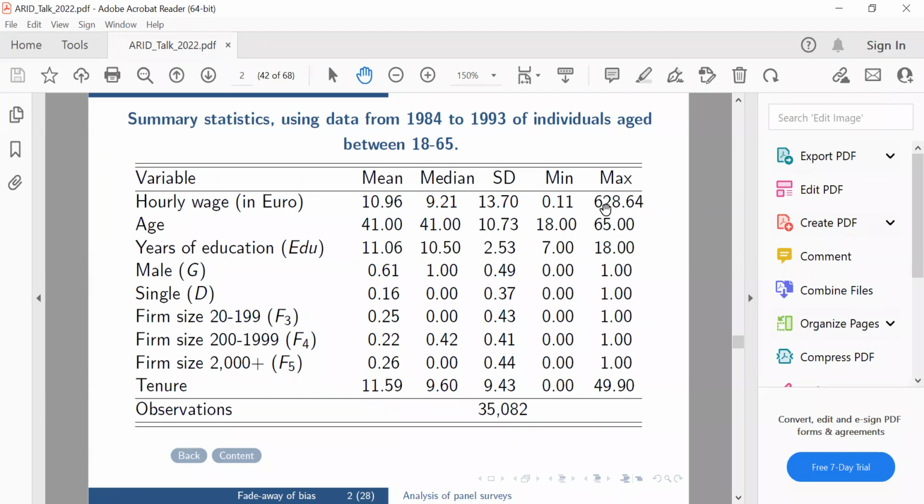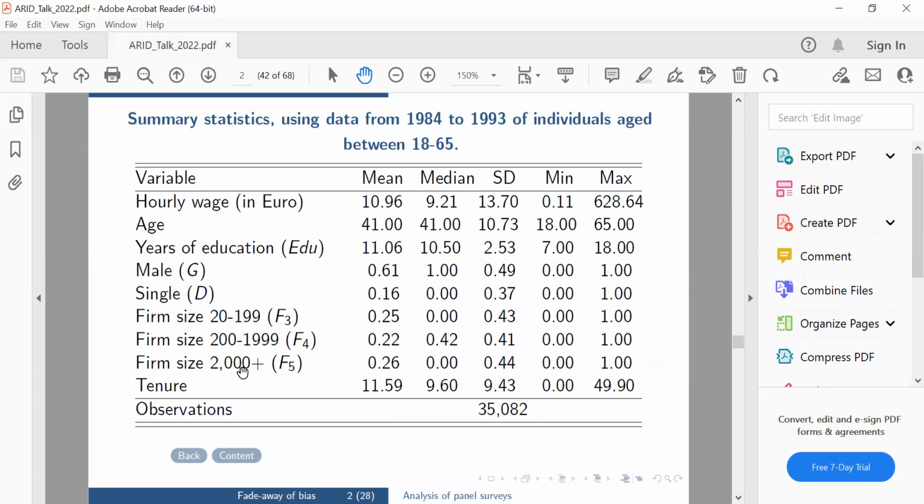And the maximum value per hour in 1984 to 1993 is something like 628 per hour, and there are age and other values. And these are firm sizes, that is, an individual working with a small firm, that is a company consisting of from 20 to 200 employees, 200 to 2000 employees, and more than 2000 employees.